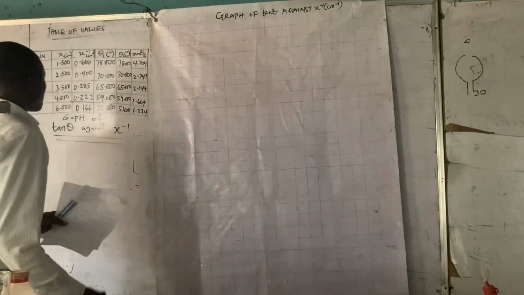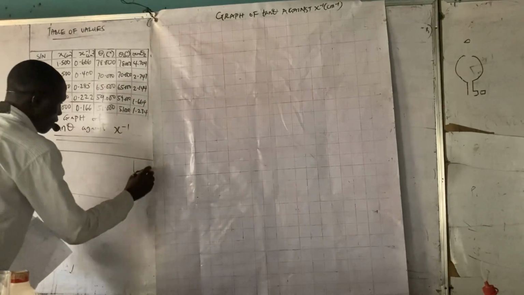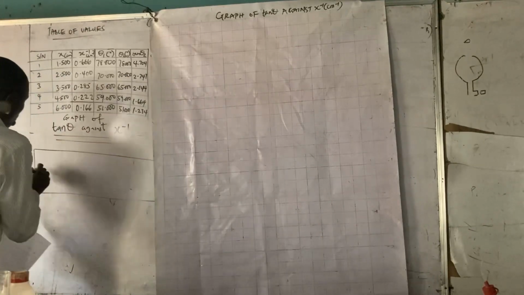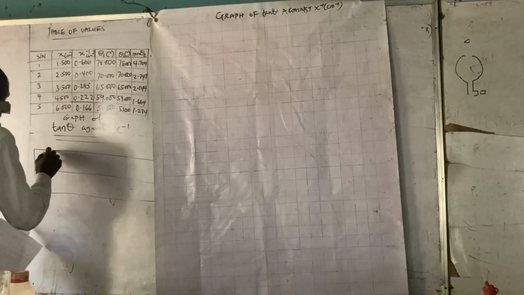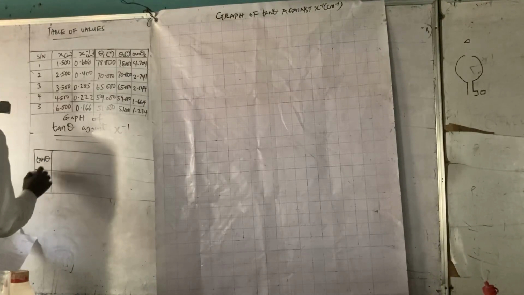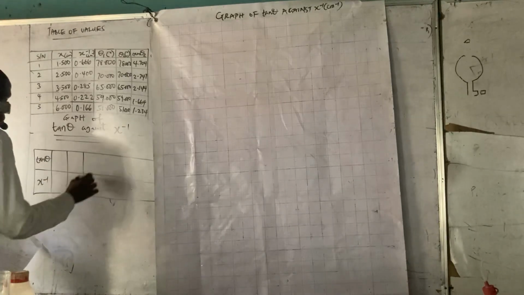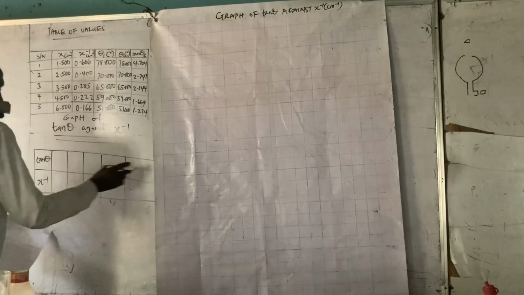Now, looking at this, let's quickly obtain our plotted values, because we cannot just plot to 3 decimal places. So we need to find what to plot on the graph. So 1, 2, 3, 4, then 5.